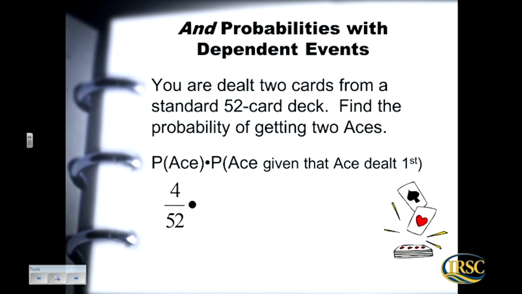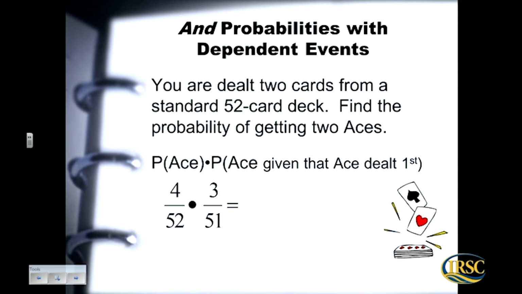So now what's the probability of getting another ace? 3 out of 51. Good, because not only have the number of aces gone down in the deck, but also the total number of cards have gone down as well. Okay, so 3 out of 51. So this is how that changes. You need to think about what's happened before you write down your next number.